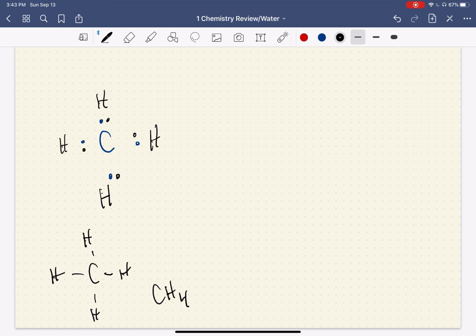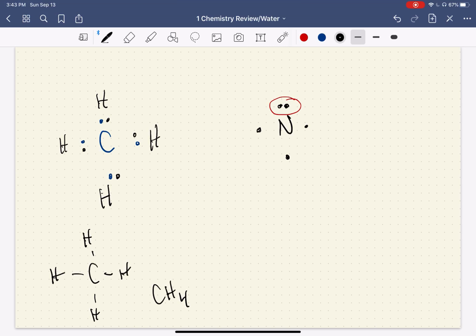Here's another one, ammonia. Nitrogen is another really common element that we're going to see. It has 7 protons, so if it's neutral, it has 7 electrons. Just like carbon, there's 1, 2, 3, 4, 5, and then in the middle it has 6, 7. But here's the important bit. With carbon, it had 1 electron up there that it could share with hydrogen.